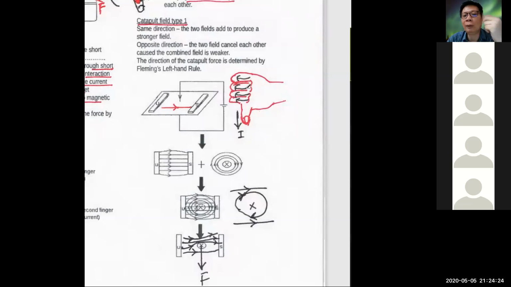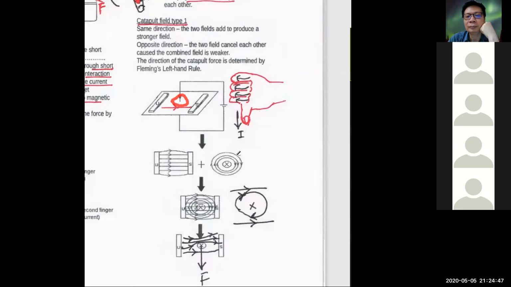Okay. So now there are two magnetic fields. One is this permanent magnetic field. Another magnetic field, in clockwise direction, comes from this wire. Actually, it's along here, around the wire in this direction, magnetic field, right?